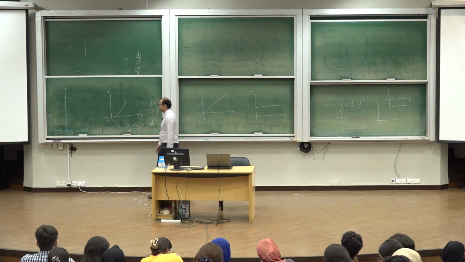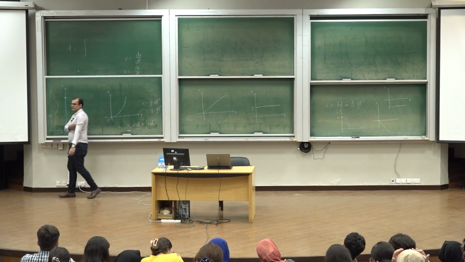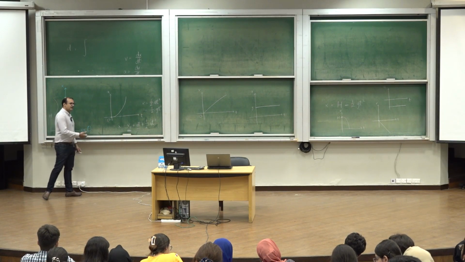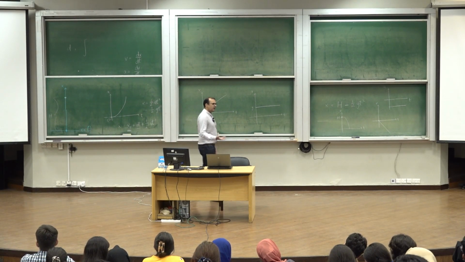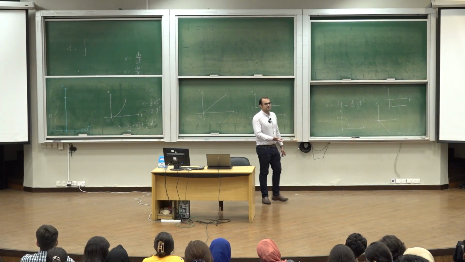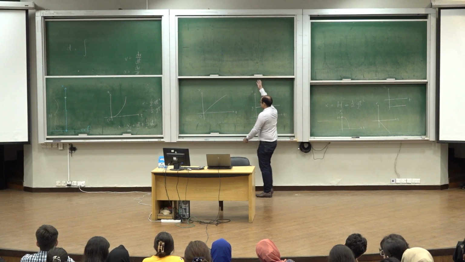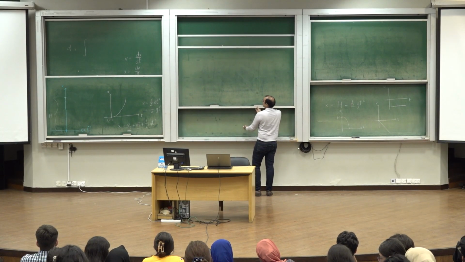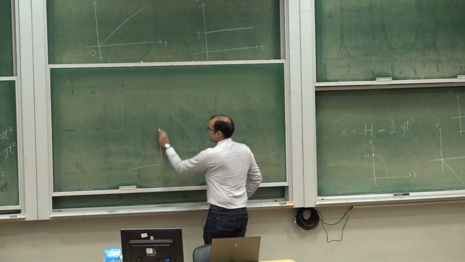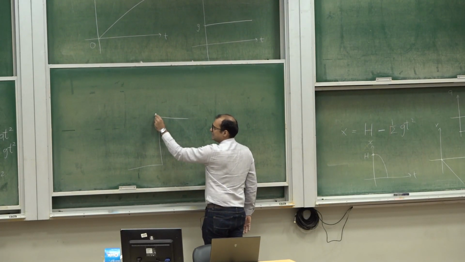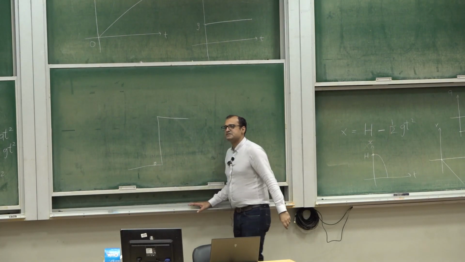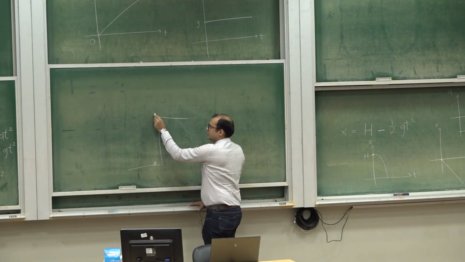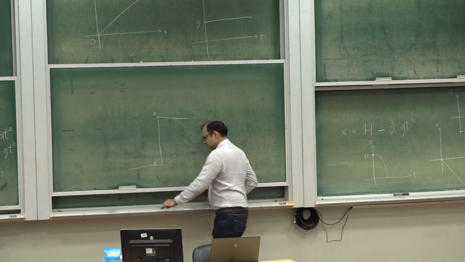Let's make the problem more difficult. Suppose I've dropped this object, and then my friend who's standing at the base of a tower, so let me just explain the situation now. So you have a tower, you have your friend who's standing at the base of this tower, and you have this object.